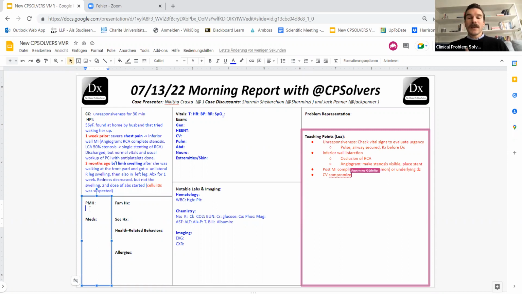That could be something like a valvular rupture that can happen after an MI. We can have a ventricular free wall rupture after an MI, or in the post-MI phase you can get what's called post-MI pericarditis, where you end up getting inflammation that causes a pericardial effusion, and that could also lead to unresponsiveness.